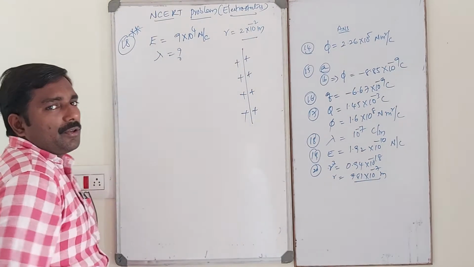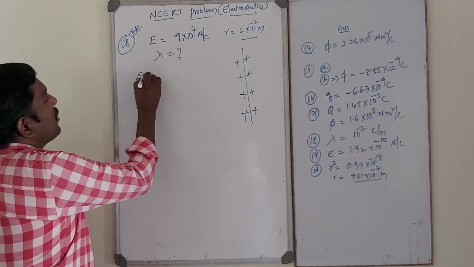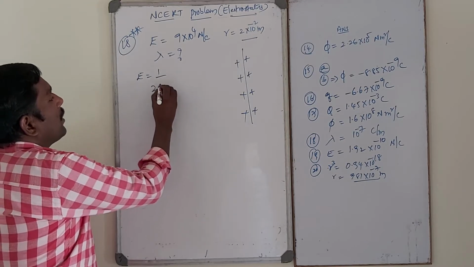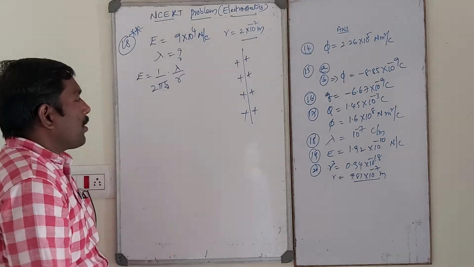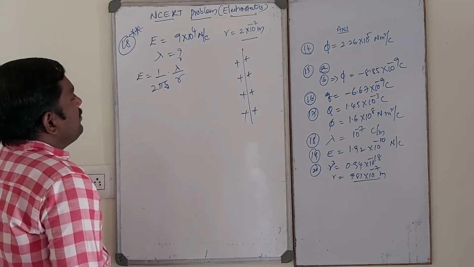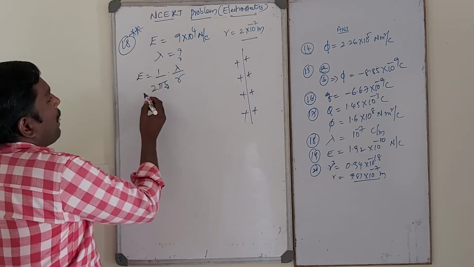So electric field due to infinite charged wire E is equal to 1 by 2 pi epsilon naught into lambda by r. So this is the formula.